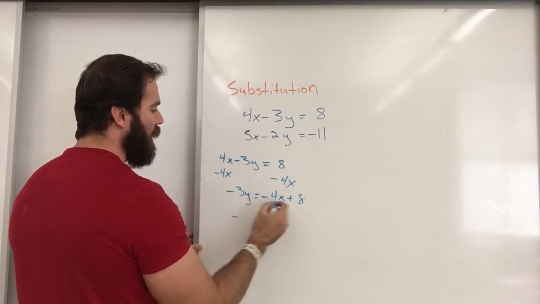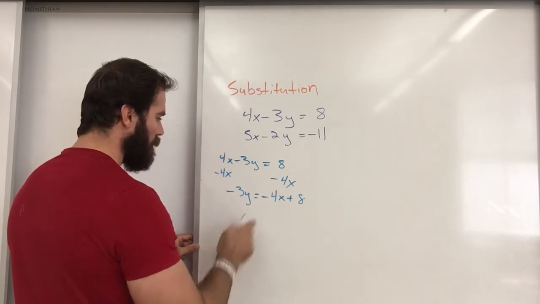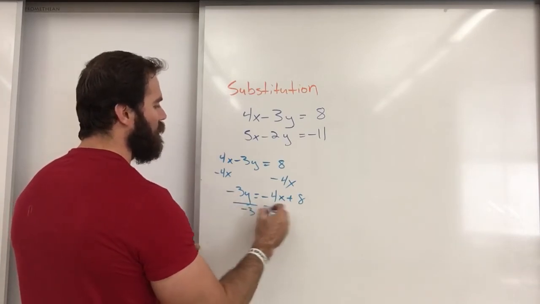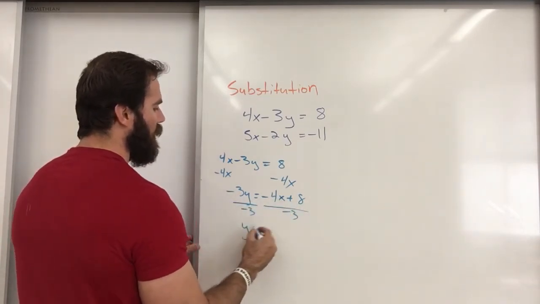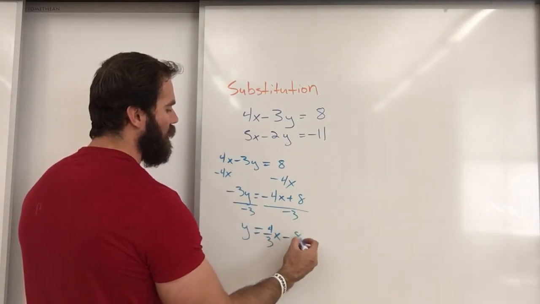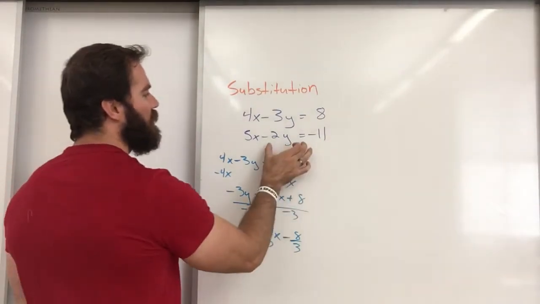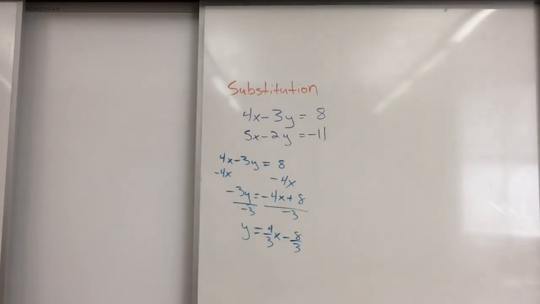I'm going to divide by -3 on both sides. Might as well just show it to you. So we have y equals 4/3 x minus 8/3. I'm going to plug this into this other equation here.